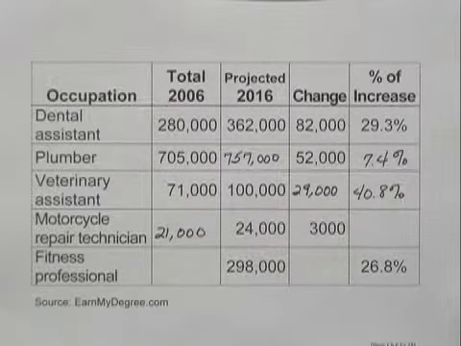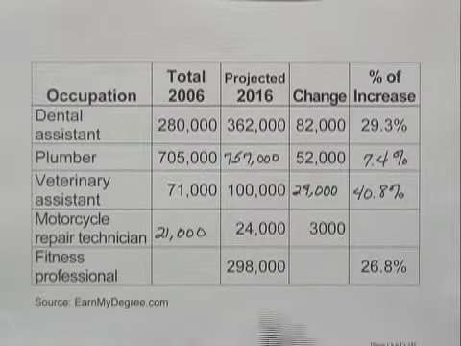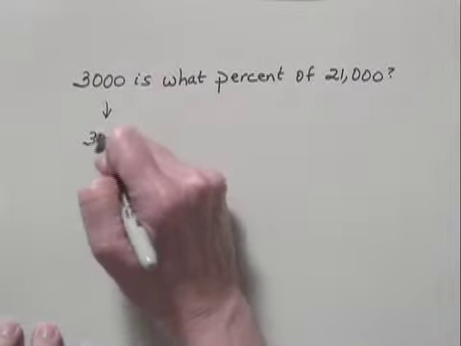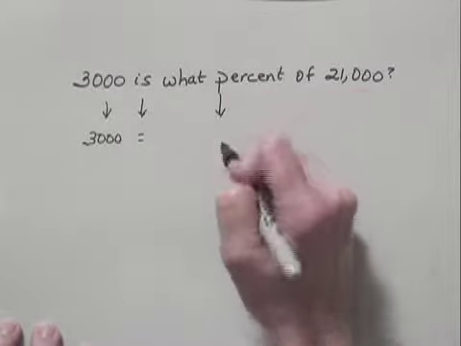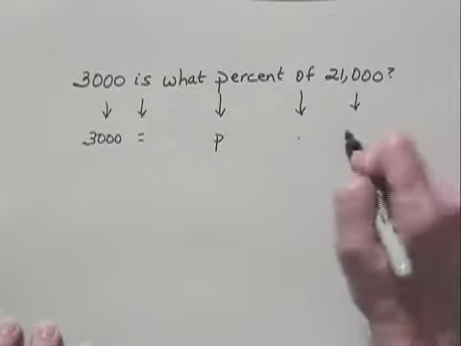And again, we want the percent of increase. We're asking the question, 3,000 is what percent of 21,000? So we write an equation, 3,000 equals what percent P of times 21,000.